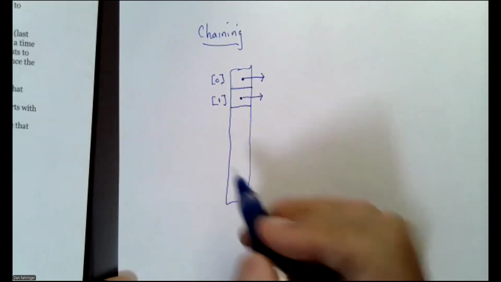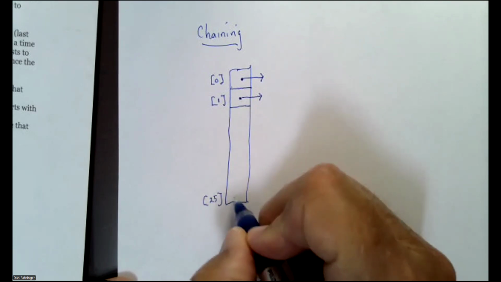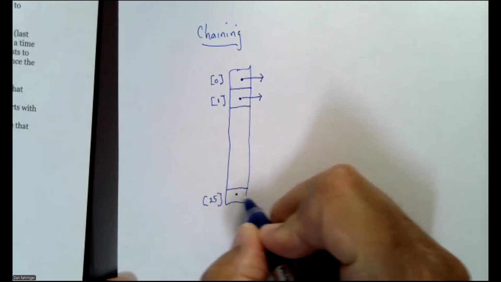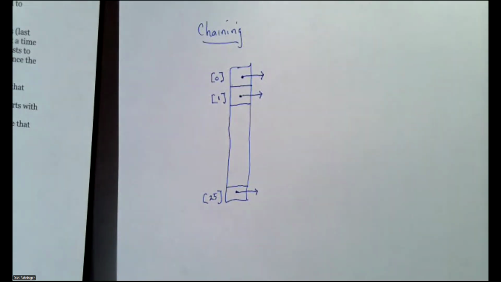What is stored at array sub 25 is a pointer. Chaining is a way to do faster storage and searching.